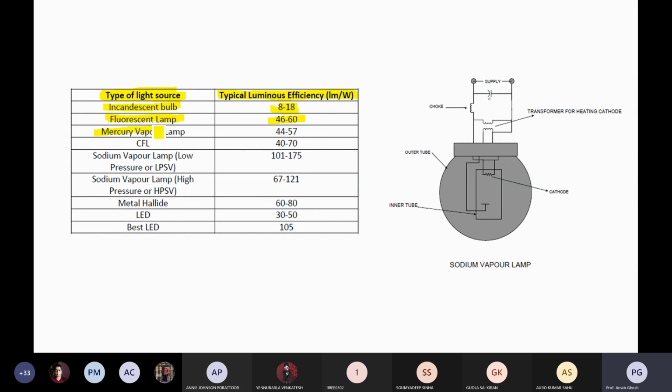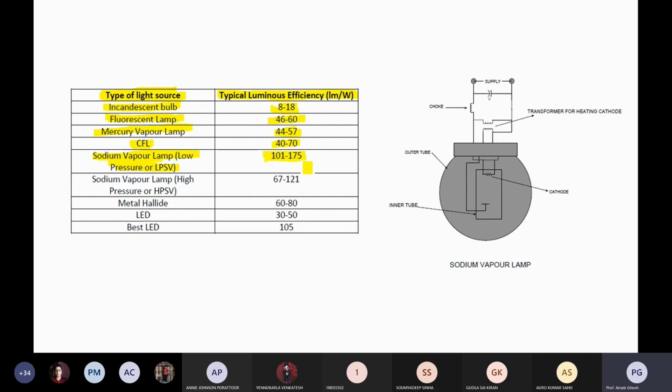The mercury vapor lamp has 44 to 57 lumen per watt. Then CFL is 40 to 70. Then the low pressure sodium vapor lamp, LPSV, is 101 to 175 lumen per watt.